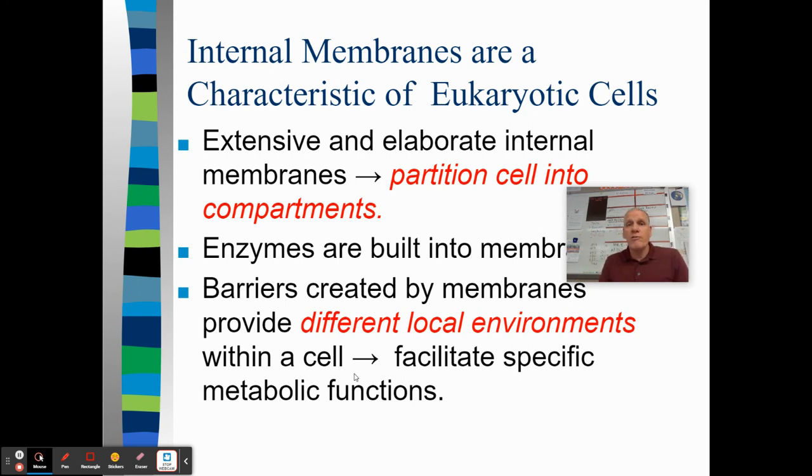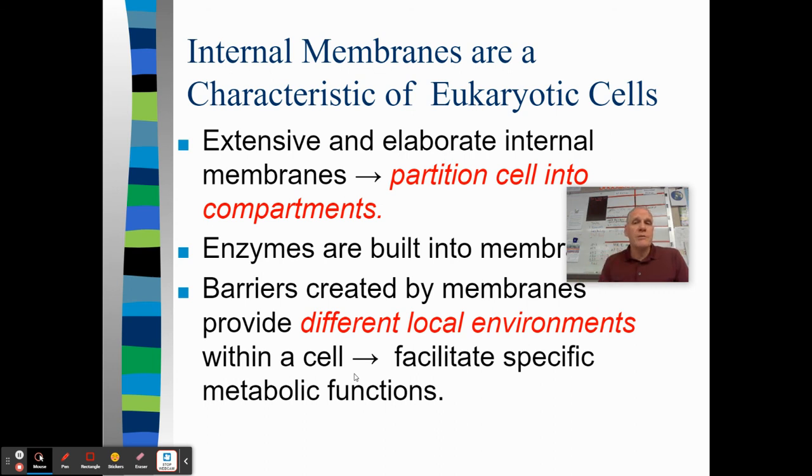Here at Trustful, we have a big school, but all of our classrooms are in different rooms, and we can teach biology, English, culinary arts, gym class, all sorts of things in this school because the rooms are all separate. Kind of like a eukaryotic cell, there's different environments in those rooms. But a prokaryotic cell would be like a one-room schoolhouse. Yeah, you might be able to do it, but it would be really hard. It wouldn't be very efficient.